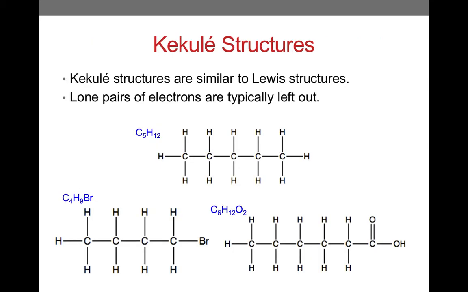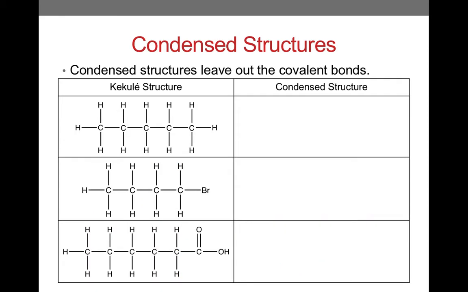Kekulé structures are similar to Lewis structures, but they usually do not show the lone pairs of electrons. As you can see in these structures, no lone pair electrons are shown. Condensed structures essentially leave out the bond lines. Basically, it is just writing what you see in a more condensed form.